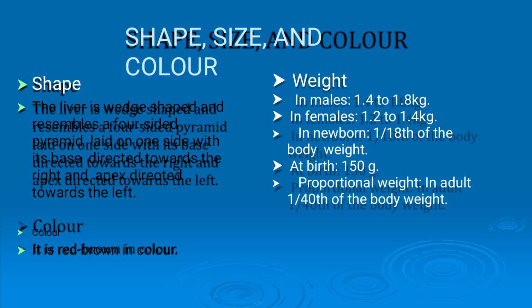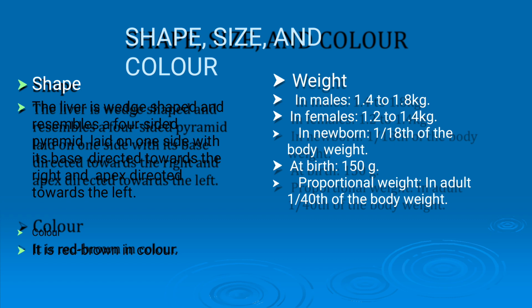Now we can move and see weights. In males, 1.4 to 1.8 kg. In females, 1.2 to 1.4 kg. In a newborn, 1 by 18th of the body weight. At birth, 150 gram. Proportional weight in an adult is 1 by 40 of the body weight.